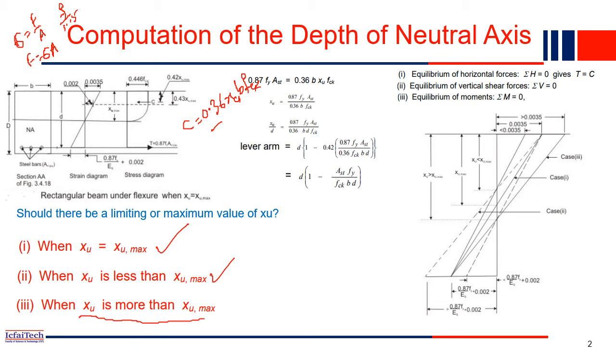When XU is more than XU max, in no case is it allowed. So if you get XU more than XU max, immediately you have to redesign the entire structure. So our ideal case will be case 2, when XU is less than XU max. XU max always should be higher than XU. That is a very important concept we discussed here.